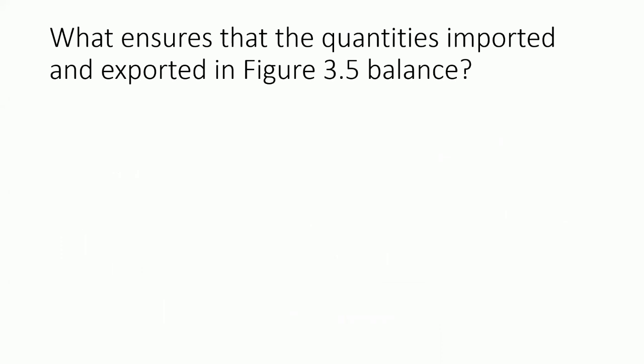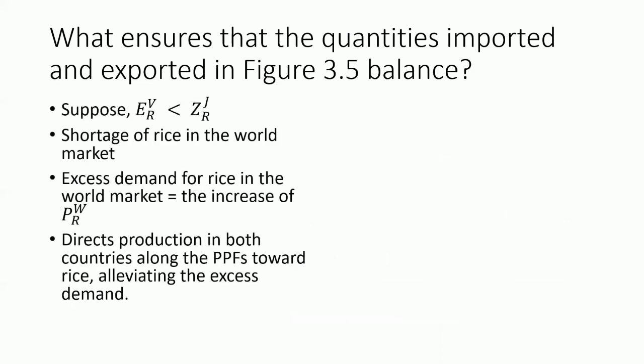So what ensures that the quantities imported and exported in figure 3.5 balance? Let's suppose that the export is less than the import. Then there will be a shortage of the product, in this case rice, and there will be excess demand for rice, which will increase the price of rice itself because the export is low and the demand is high.